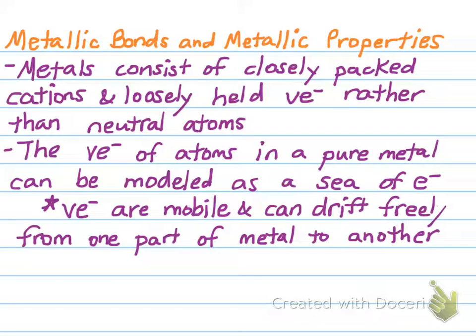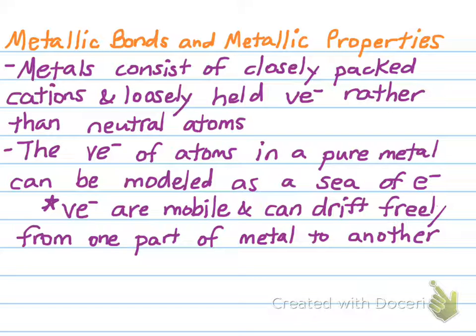So, to help you picture it, if you think about sitting in a classroom, and you think of the students and the teacher as these metal cations, you're fairly closely packed in a normal school year. Then surrounding you and filling the room would be these valence electrons, almost like if we filled the room with water, okay?